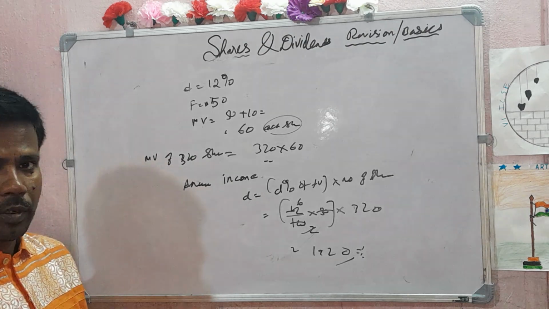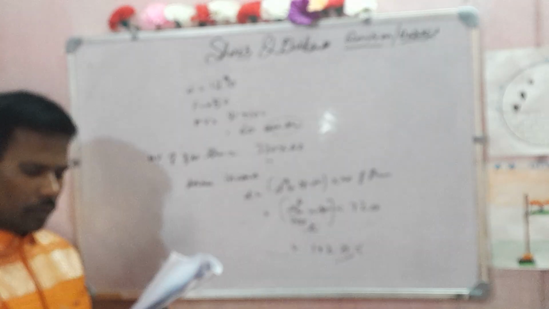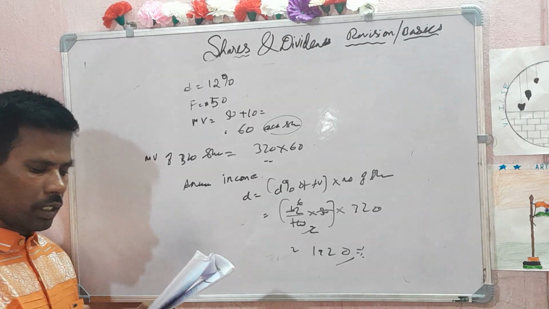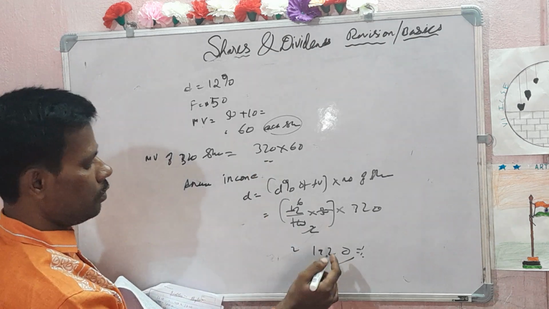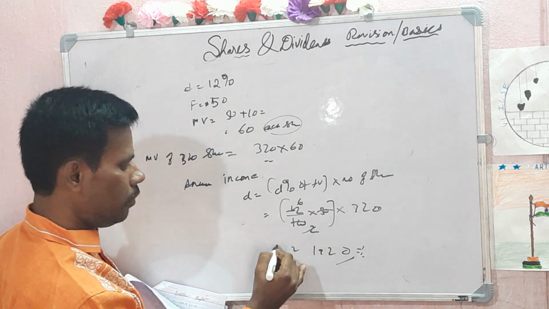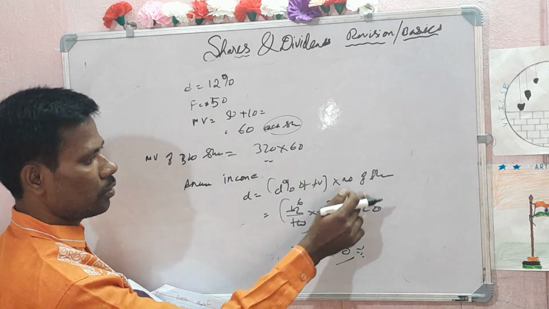Profit percentage, I already told you. How will you calculate it now? This dividend is for how many shares? 320 shares.